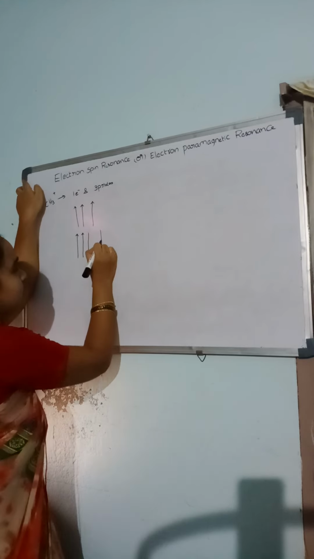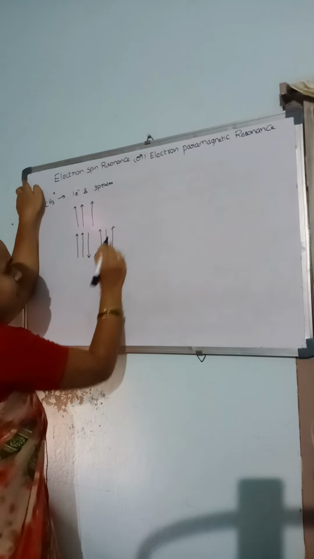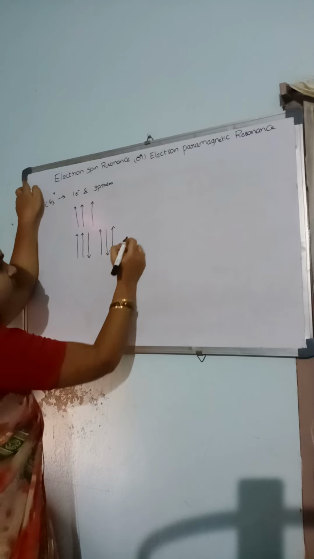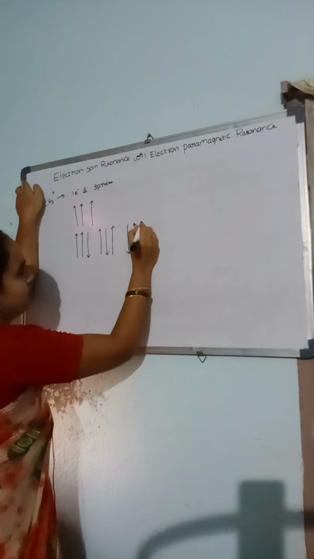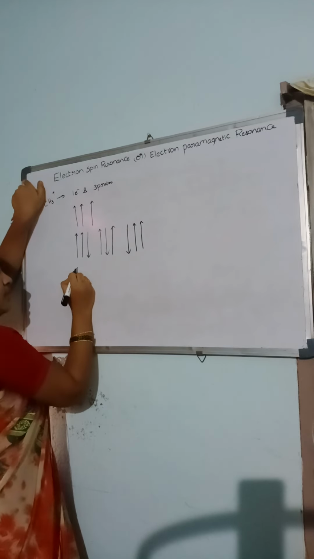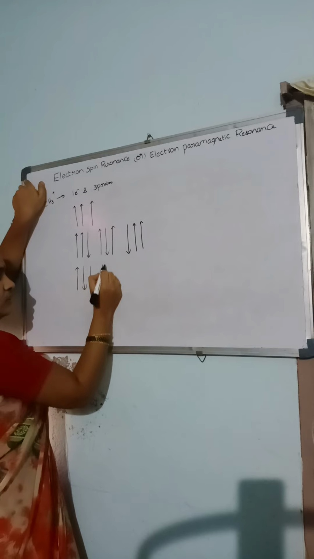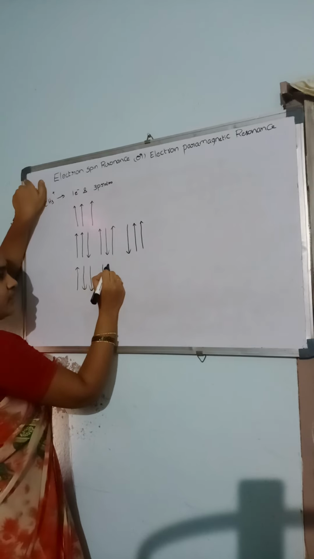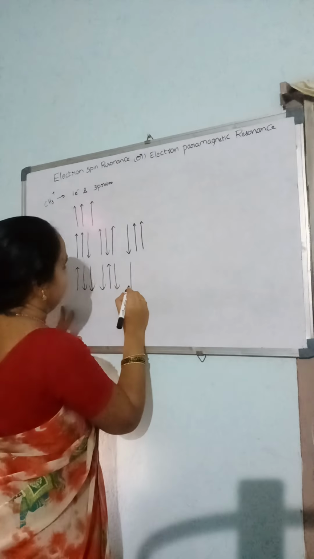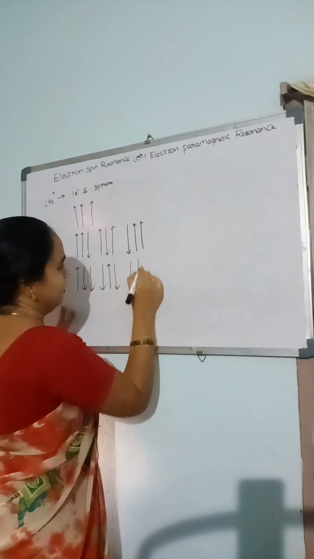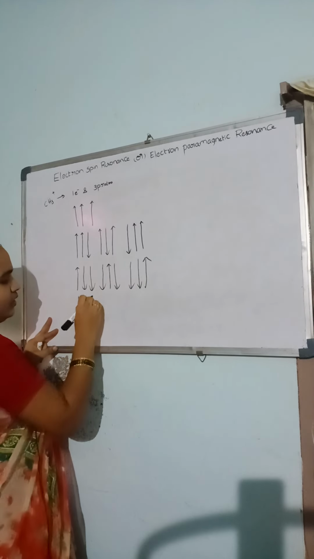So that is 1 proton up, 1 down and up. Here also 2 up and 1 down. Next 1 down and 2 up. Next 1 proton is up, remaining 2 are down. So here also we have 3 different permutations. So here all the protons may be downward.